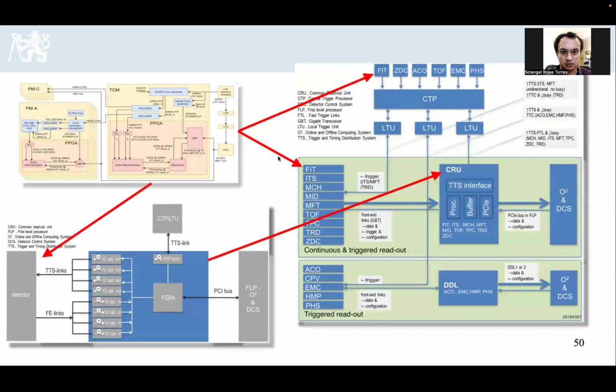And then, for example, here we have, in this case, the FIT detector. We have this electronics that is here and here in this overall scheme. And well, this is the processing part of the ALICE system, and that's it.